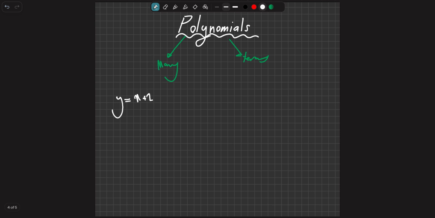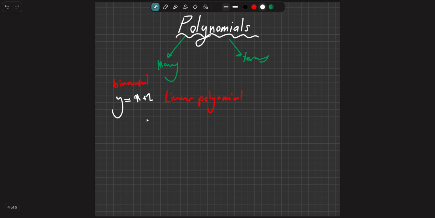Even though this is a polynomial, okay? This has two terms, x and 2. That's why we call it binomial, okay? It's a binomial equation. And in terms of polynomials, we call them linear polynomials.